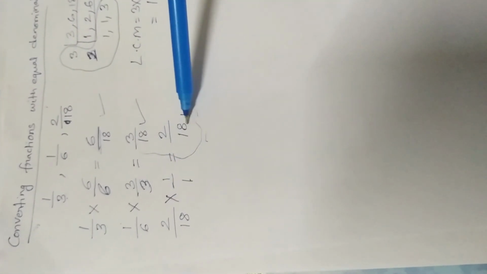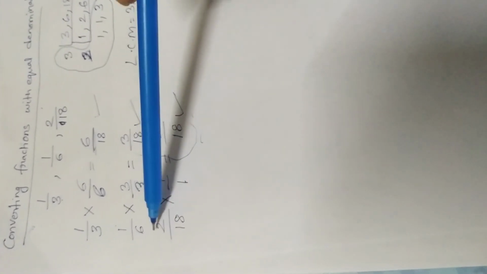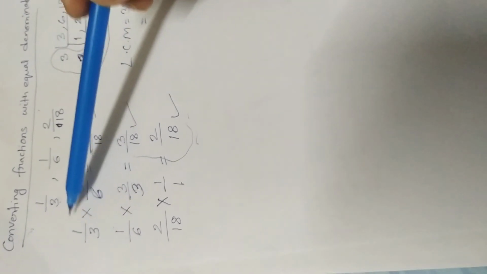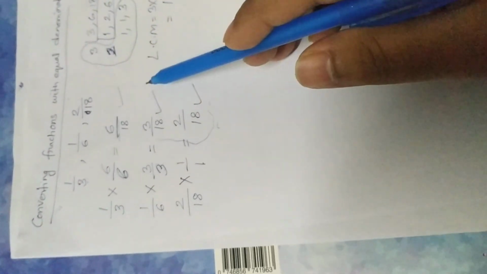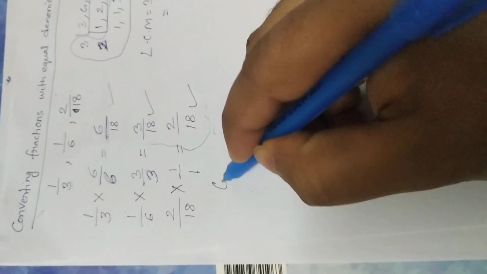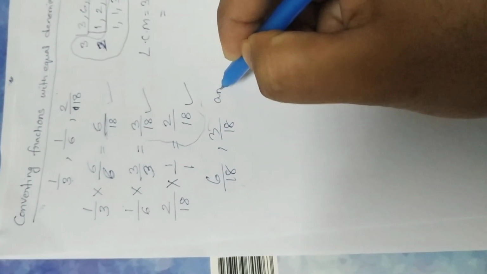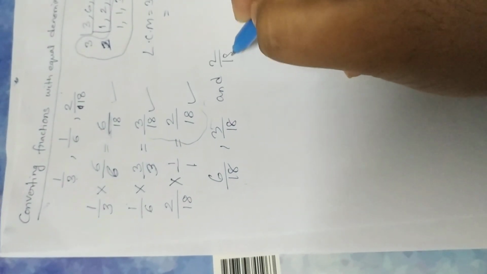Suppose 18 into 1 is 18, we multiply the numerator of the fraction by the same number. Similarly, 6 into 3 is 18, so we multiply the numerator with 3. Again, 3 into 6 is 18, so we multiply the numerator with 6. So finally we get our required result: the fractions with equal denominators are 6 by 18, 3 by 18 and 2 by 18. I hope this is clear.